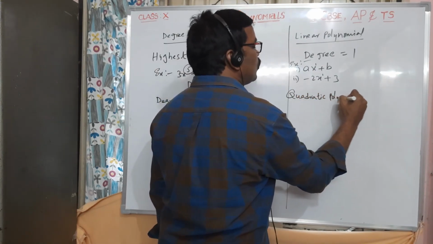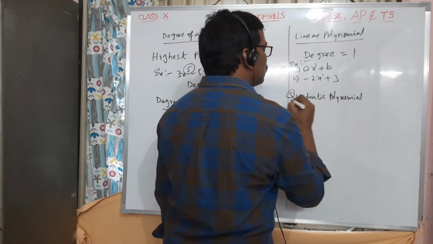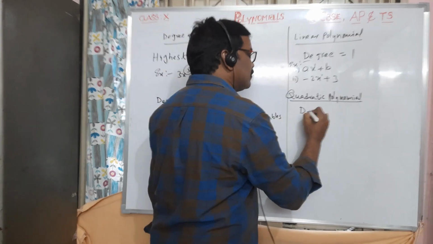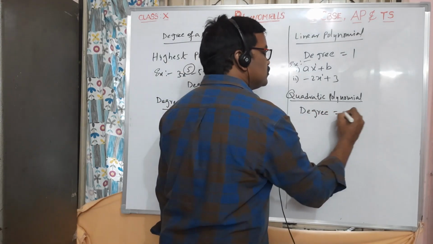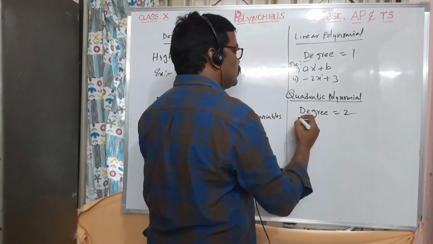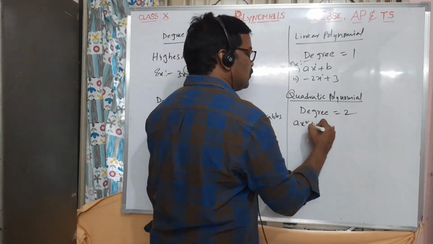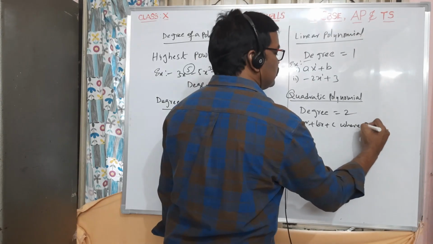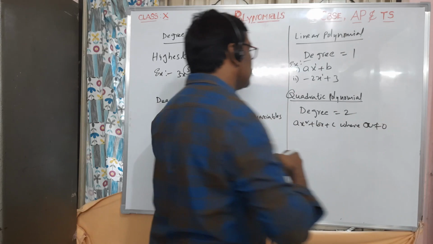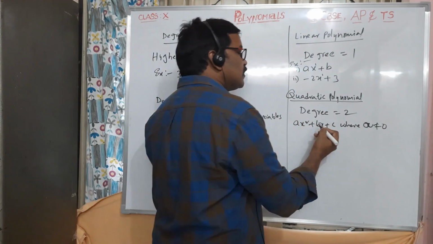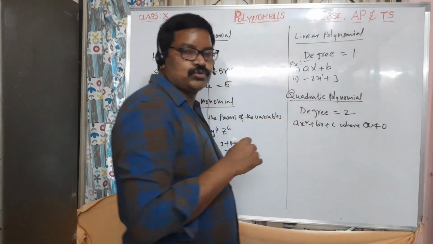Next one is quadratic polynomial. A polynomial having degree equal to 2 is called a quadratic polynomial, that means ax square plus bx plus c, where a is not equal to 0. The degree of the quadratic polynomial is 2.